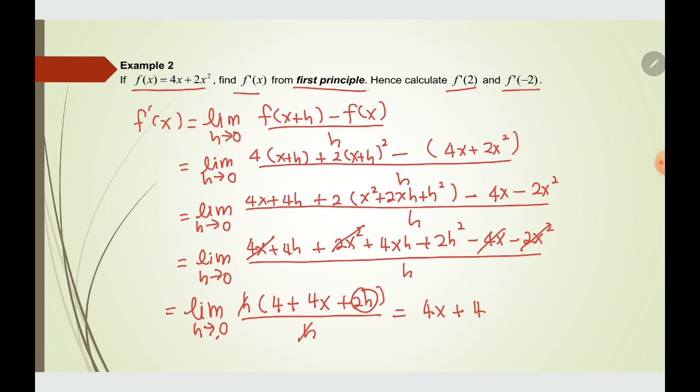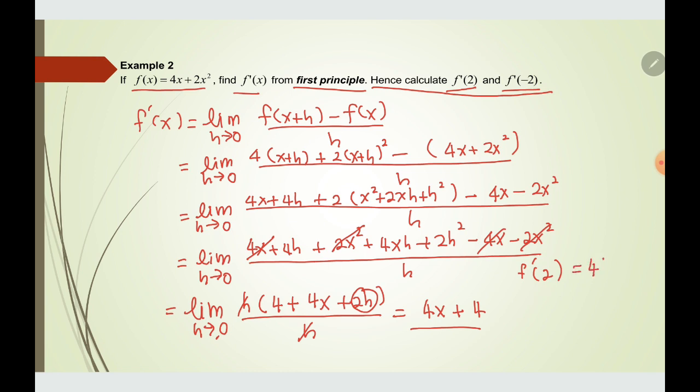The question asks you to find f prime 2 and f prime negative 2. From this answer, we need to substitute the values x equals 2 and negative 2.